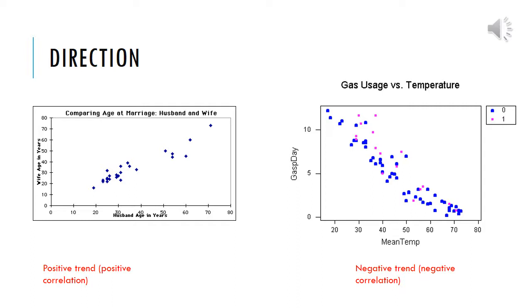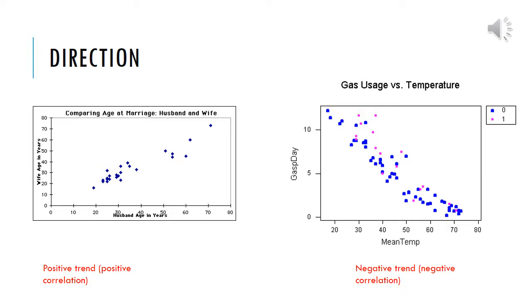There's a relationship between husband and wife's ages. The older the husband is, the older his wife tends to be too. Looking now at the graph on the right, as the explanatory variable increases, the response variable decreases. Check this. Look at how much gas is used when the temperature is 20 degrees compared to when the temperature is 70 degrees.